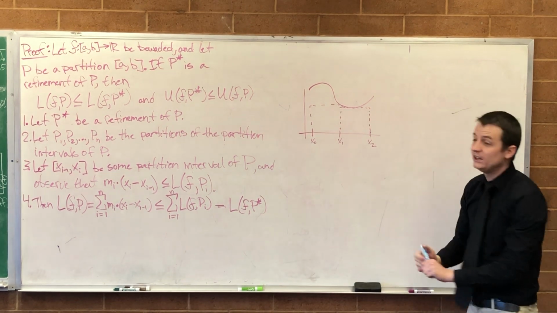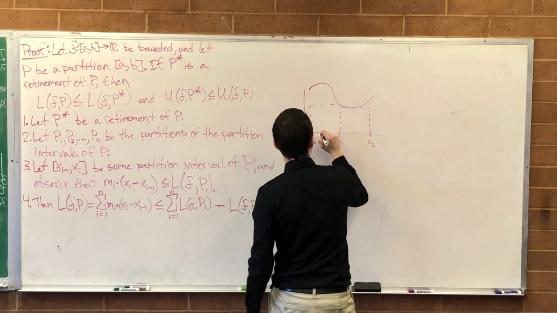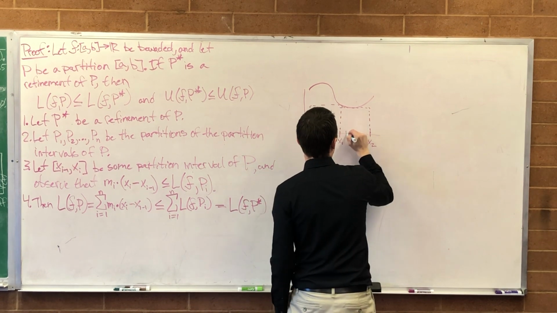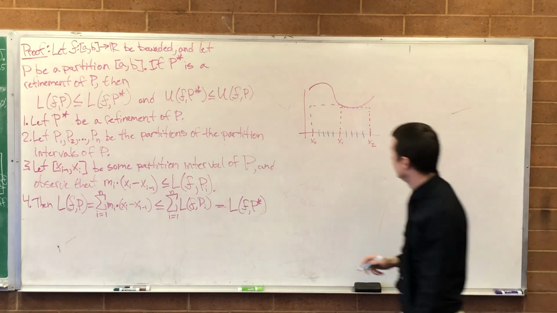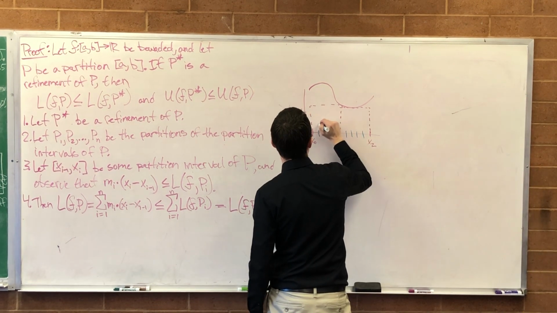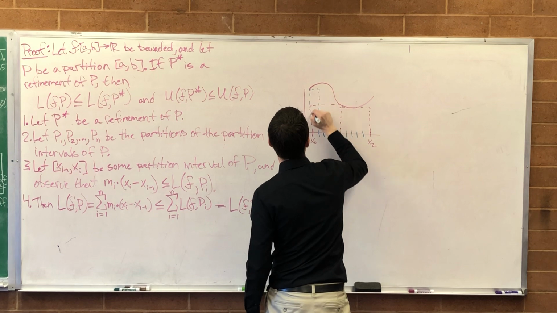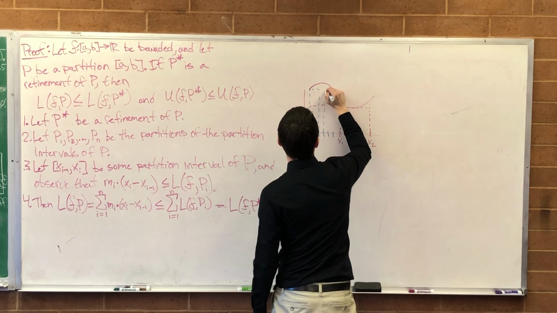Now will come P star, we'll add some points. And now we'll calculate the lower Darboux sum with those points. Might be something like this.